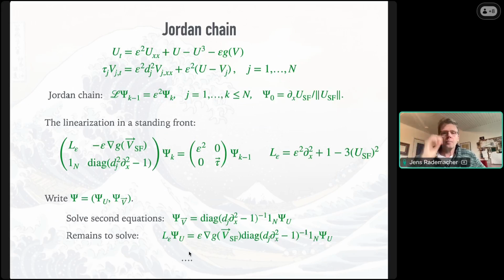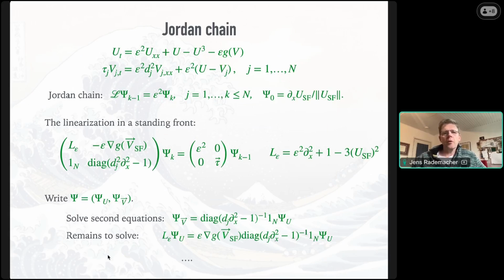If I deliberately choose two of the tau j the same, is this Jordan chain structure still there? Yes, still there. It doesn't appear on this level.